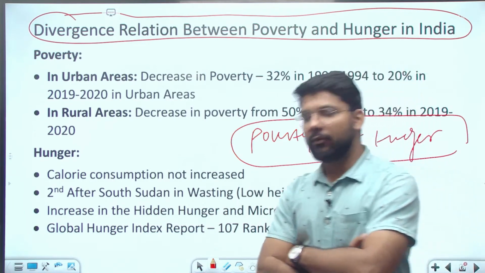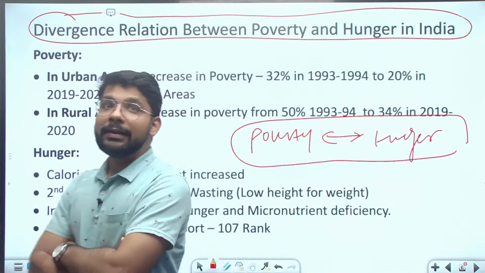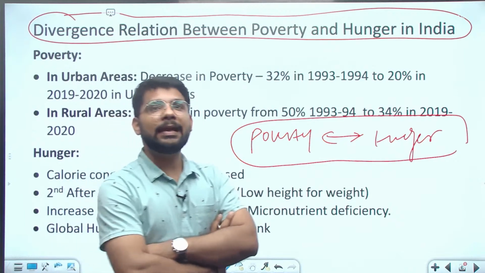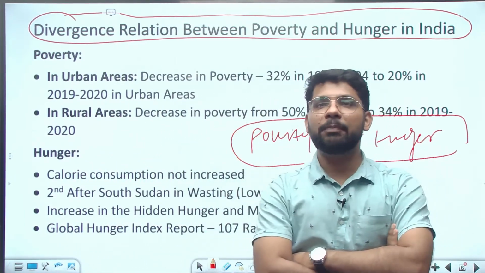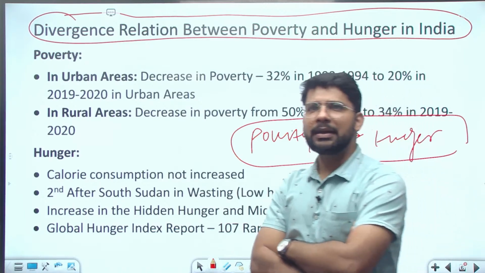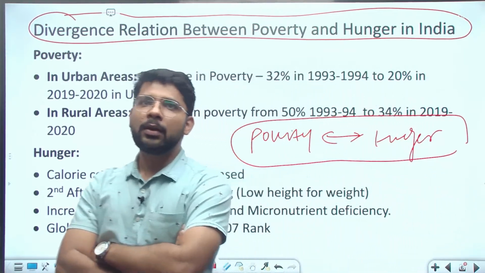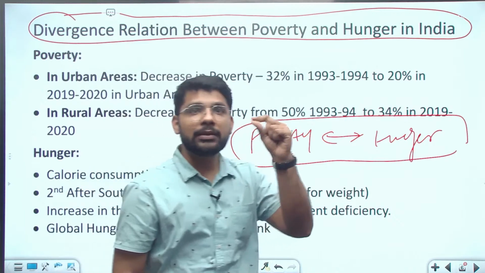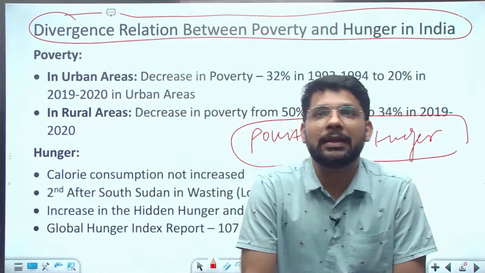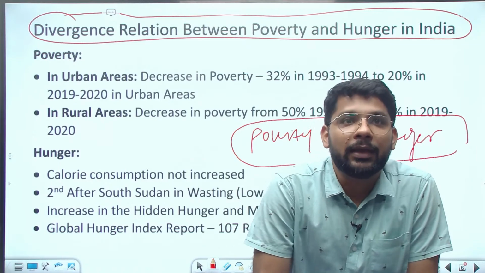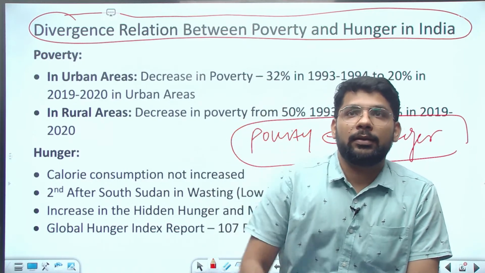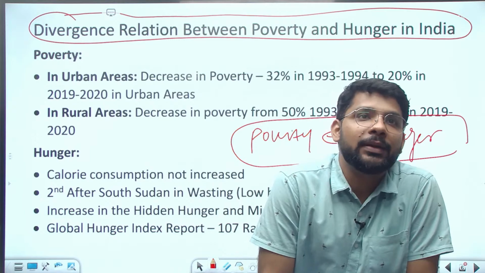So let's come to poverty first. In poverty, specifically in the urban area, if we go 20 years back, in approximately 1991-1992, the poverty level in India was 32% in the urban area. But now in 2019-2020, there is only 20% poverty in the urban area in the country.